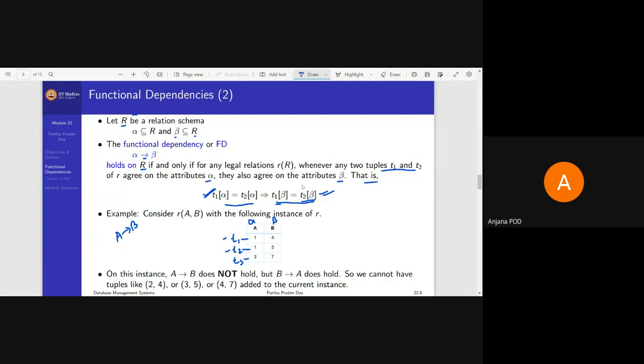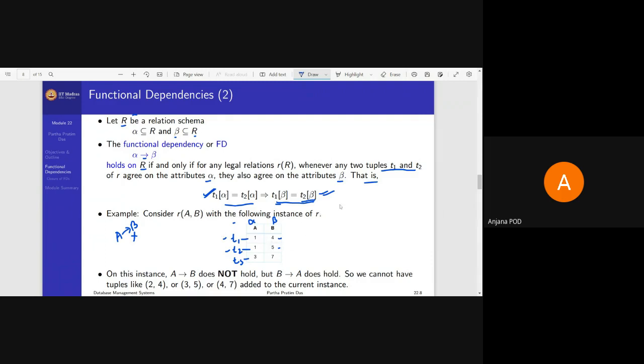So if T1 of alpha equals T2 of alpha, then the corresponding T1 of beta should equal T2 of beta. Now that the first condition is satisfied, we check T1 of B equals T2 of B. Here we see 4 and 5, which are not matching.